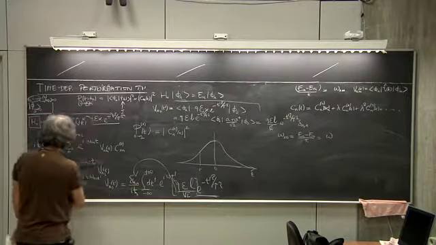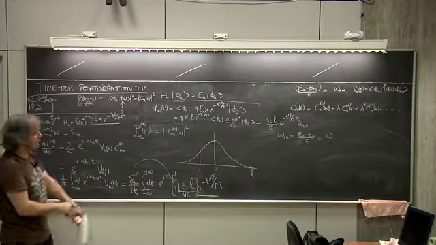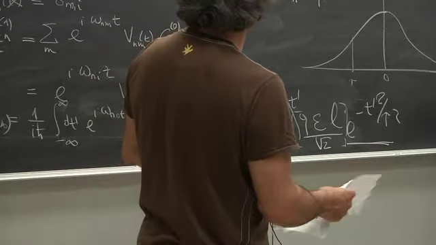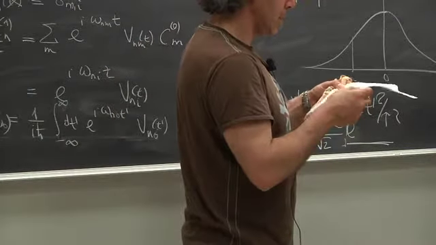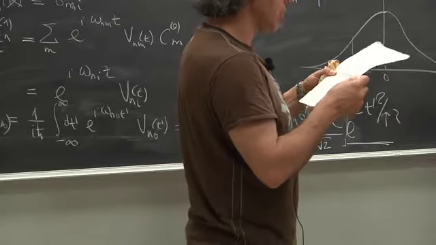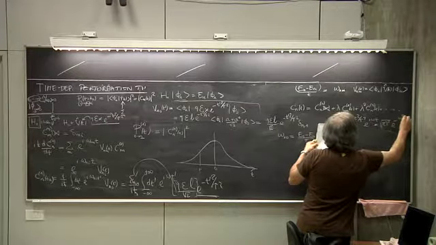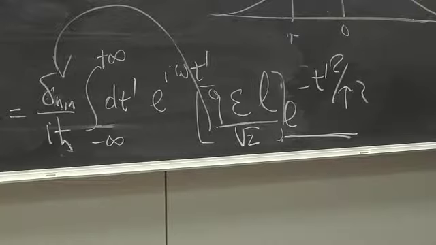Now, this is the reason why I asked you to go to plus infinity. Otherwise, I would have a Gaussian integral that I would not know how to calculate. But this integral is very, very simple. And you know the result, since we did it probably in our very first lecture. The integral in dt of e to the minus t square over tau square times e to the i omega t is equal to the square root of pi tau square e to the minus omega square tau square over 4.